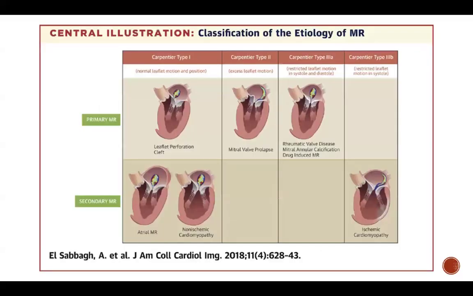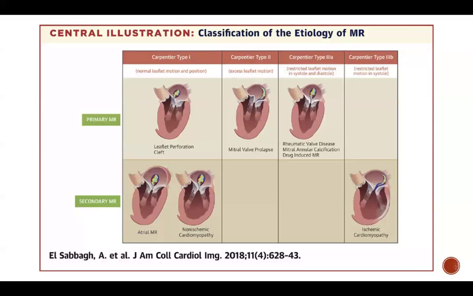The other classification, as we said, is primary or secondary. Primary mitral regurgitation is where the lesion is in the mitral valve itself, like cleft mitral valve, leaflet perforation, mitral valve prolapse, thickening of the mitral valve, calcification, or rheumatic heart disease.